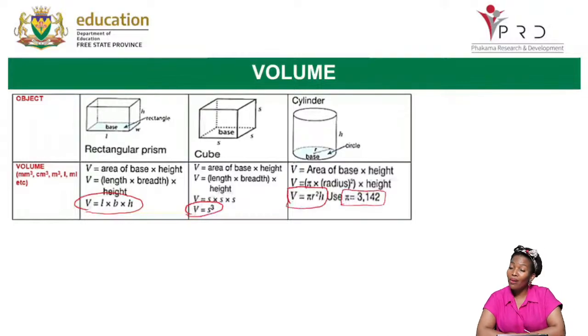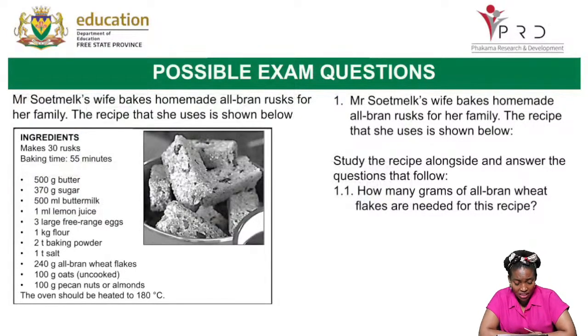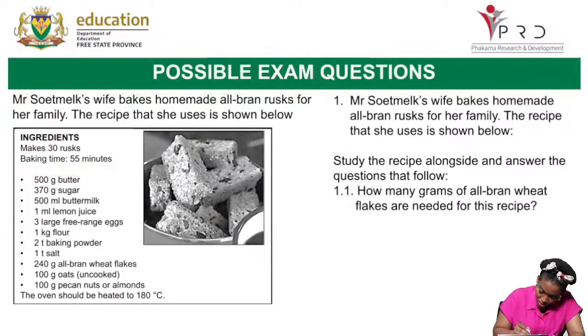Let us look at the possible exam questions that we can expect under this section. Mr. Sootmelk's wife bakes homemade all-bran rusk for her family. The recipe that she uses is shown below. So this is a question that is very popular in mathematical literacy, a question whereby they give you a recipe. So this recipe makes 30 rusk.